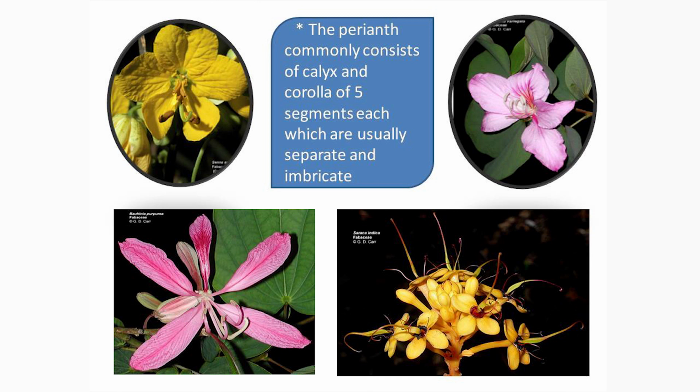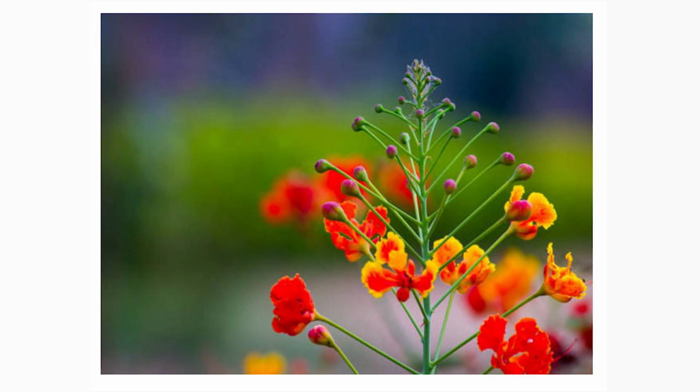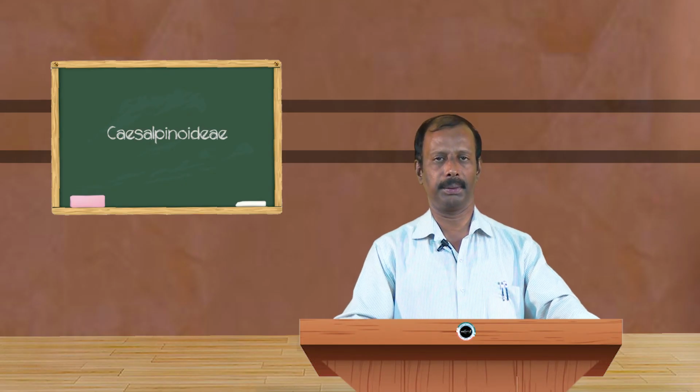But normally the pedicels of the lower flowers are much elongated, whereas the pedicels of the terminal flowers are shorter, so that almost all the flowers are brought to the same height. That is a speciality of the corymb, and this can be evidently seen in Caesalpinia pulcherrima. It is the typical example for the corymb type of inflorescence.